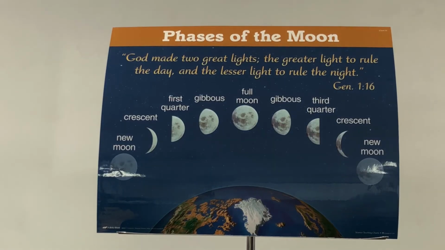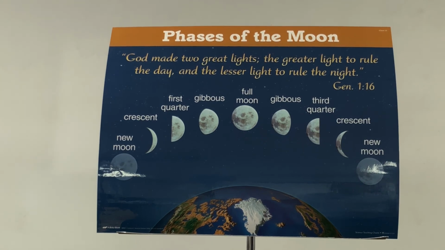Our last chart here is of the phases of the moon. It says that God made two great lights, the greater light to rule the day and the lesser light to rule the night. Genesis 1:16. And that lesser light would be the moon. We talked about the phases of the moon just a little bit. We did talk a little bit about the full moon and the new moon.